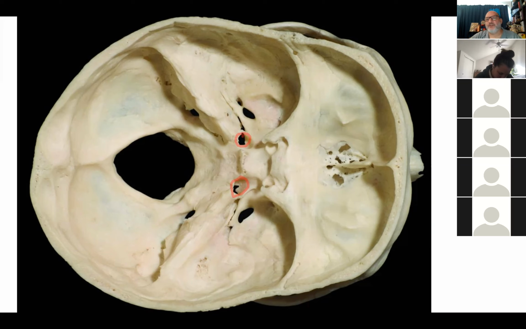Notice the foramen lacerum has this very rough appearance to it because it is where the temporal bone, the occipital bone, and the sphenoid bone all grow together. Now we have three bones growing together to form this hole. And not surprisingly, with it being so rough and irregular looking, there's really nothing that comes through it.